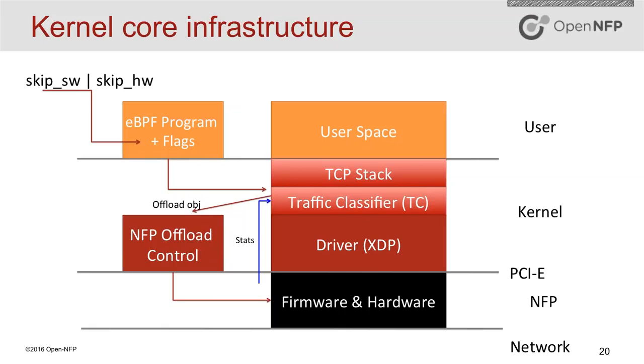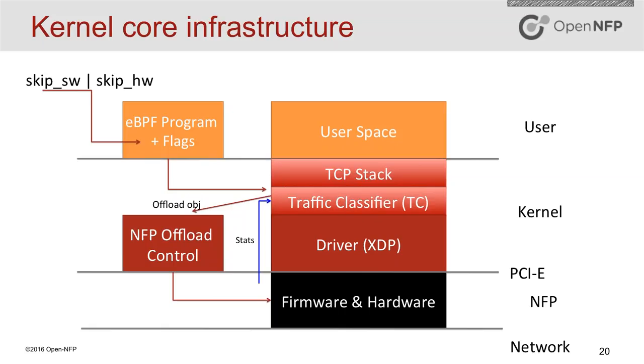And we extended the user space API to also be able to pass on some flags. The flags are specified per program, and they allow fine-grained control over the offload. So the user can specify that a given program is not supposed to be offloaded to the hardware, or he wants the program to be offloaded to the hardware, and if it's not possible, an error should be returned.